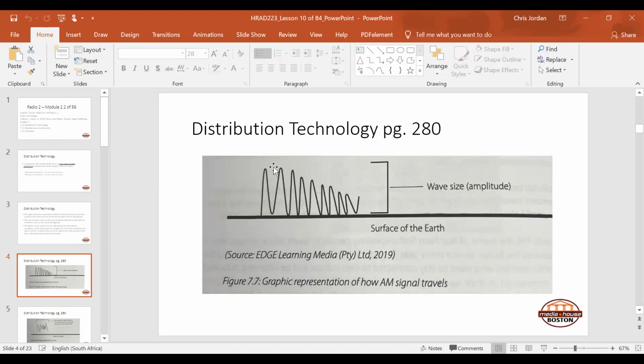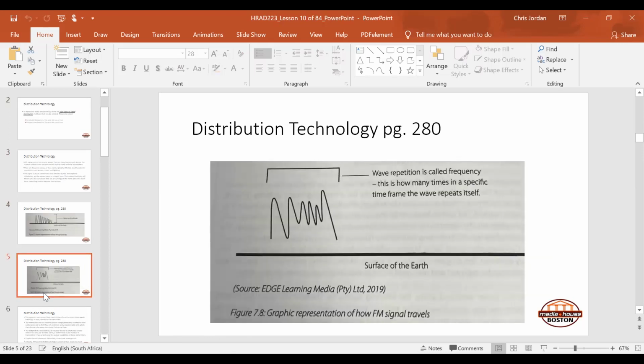The wave frequency: you can see our amplitude there, the surface level, and it goes up and down, which is why it's called a wave. Wave repetition, you can see that on page 280 as well. It's called frequency. And you learned this kind of graphing in maths.